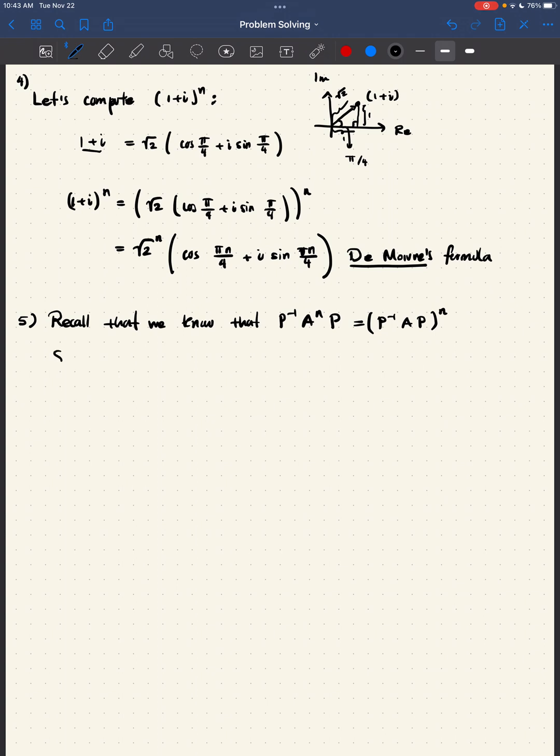So we're going to set B to be P inverse A P.